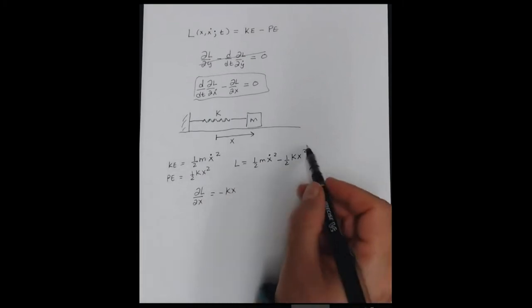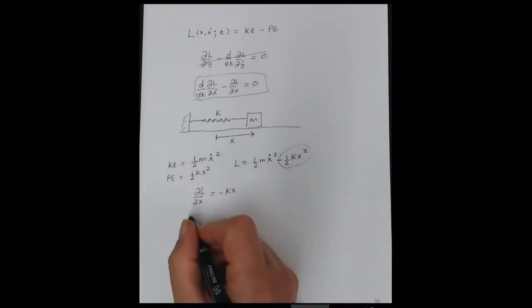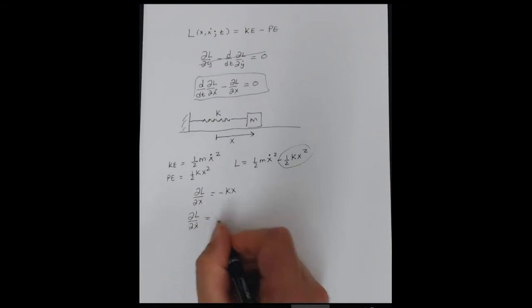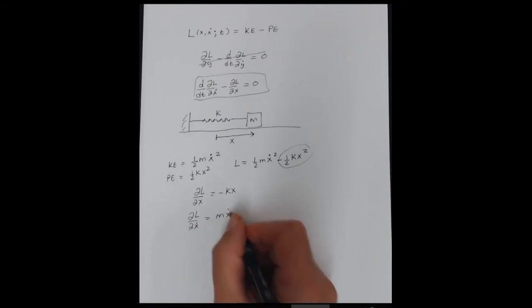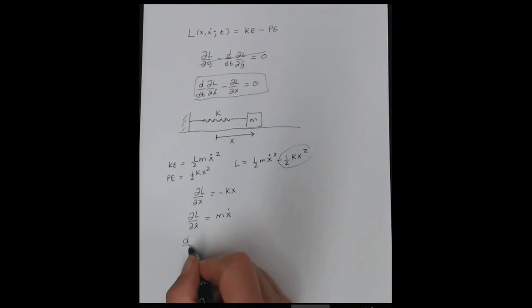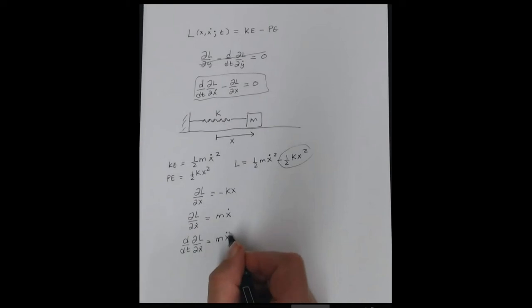We take the derivative with respect to x. The partial of L with respect to x dot is mx dot. And then if I take the time derivative of that, it's going to give me mx double dot. I'm assuming the mass is not changing.